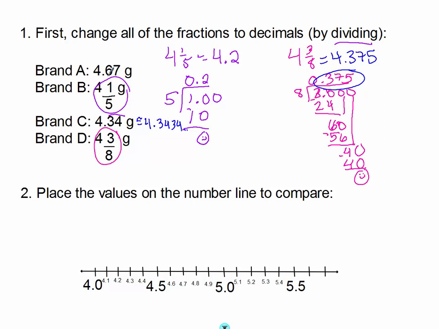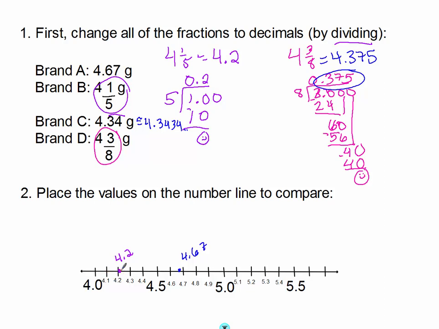So brand A is at 4.67 grams, so 4.5, 4.6, 4.67 is right around there. Brand B is our 4 1/5, which we said was 4.2. So 4, 4.1, 4.2, exactly on that line. Brand C was at 4.34 repeating, and so that would be 4.343434.